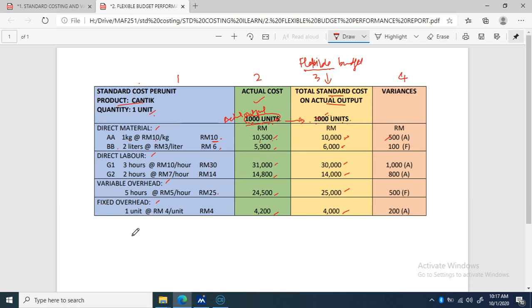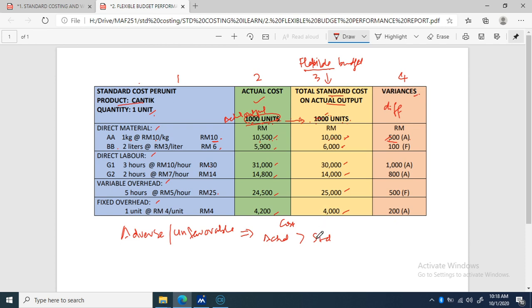A means adverse, or sometimes we put unfavorable, UF. What is the meaning of unfavorable? For cost, that means actual cost is more than standard cost. Here actual cost is 10,500 and standard cost is 10,000, so there is a 500 difference. The difference we call variance. Variance means difference. So this is adverse.